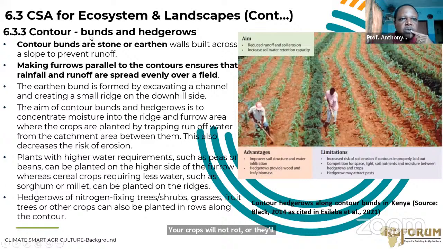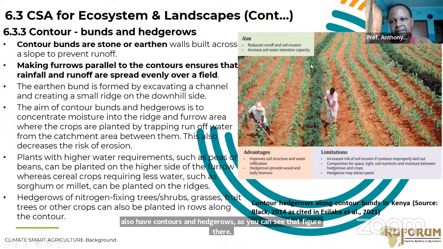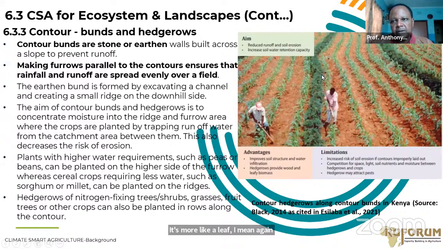We also have contour bands and hedgerows, as you can see in that figure there. It's more like alley farming again, where you have a hedgerow. I saw this also in our tea farms because of the high winds.